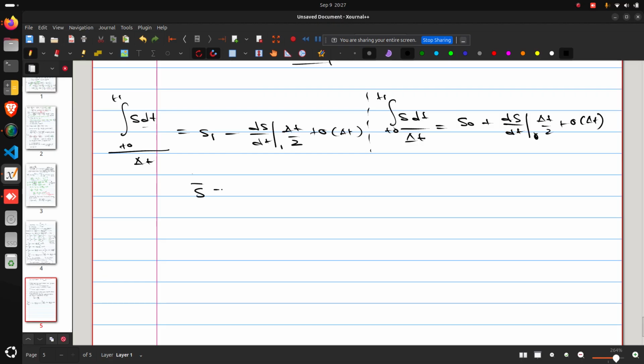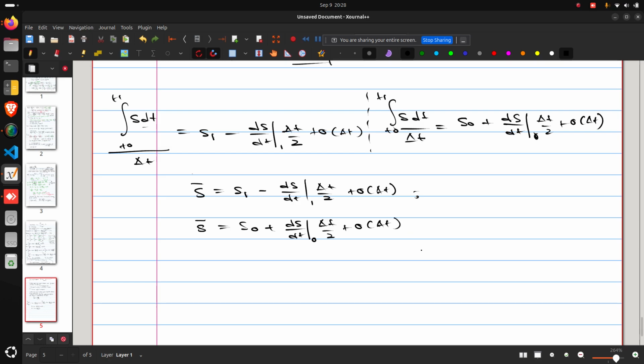And here we have S bar equal to S naught plus ds dt at 0 delta t by 2 plus order of delta t.